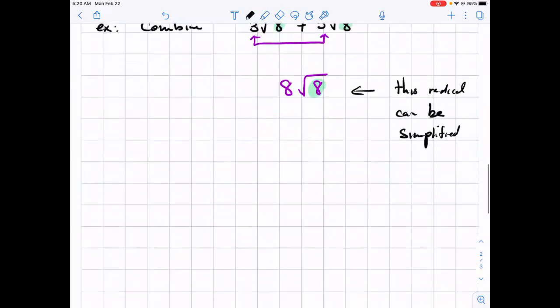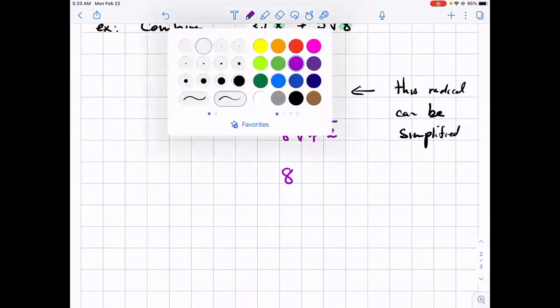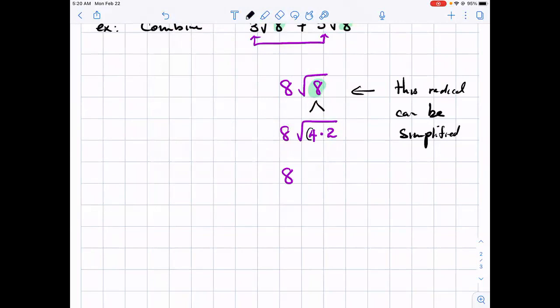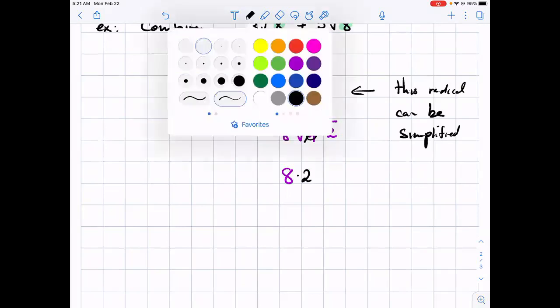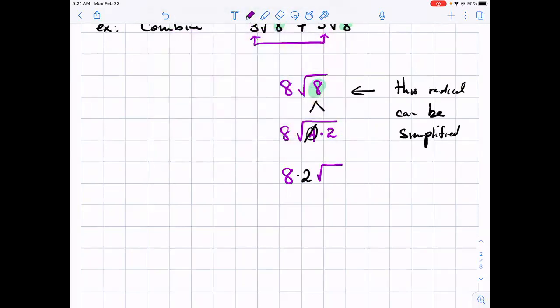The 8 can be broken down into 2 numbers, one of them being a perfect square. So this is 4 times 2. The square root of 4 comes out, and that is times 2. And then what you have left is the radical 2.